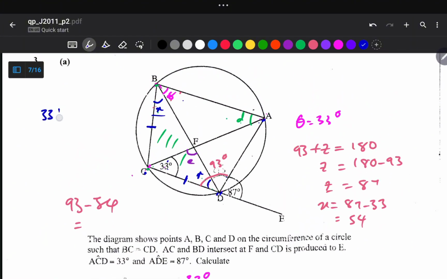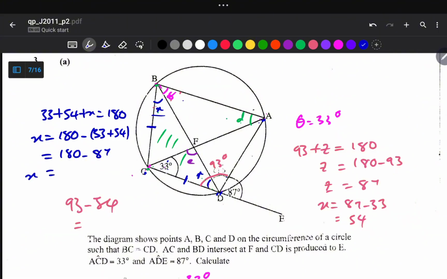So 33 plus 54 plus x is equal to 180, so x is equal to 180 minus the sum of 33 and 54. 33 plus 54 gives us 87. So x is equal to 180 minus 87, which is equal to 93.